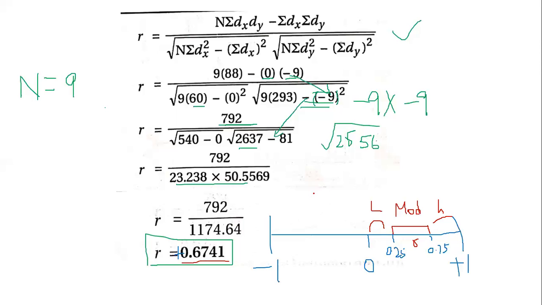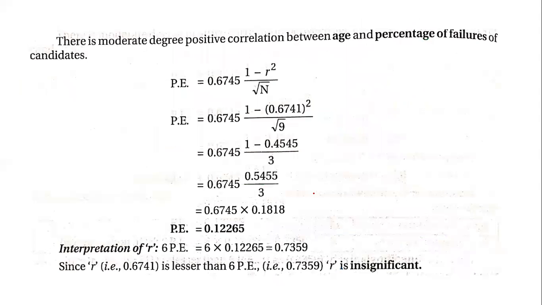So the two values, that is the age and the number of failure students, have a moderate degree of positive correlation. See, the conclusion is given based on the correlation coefficient: moderate degree positive correlation between age and percentage of failures of candidates.